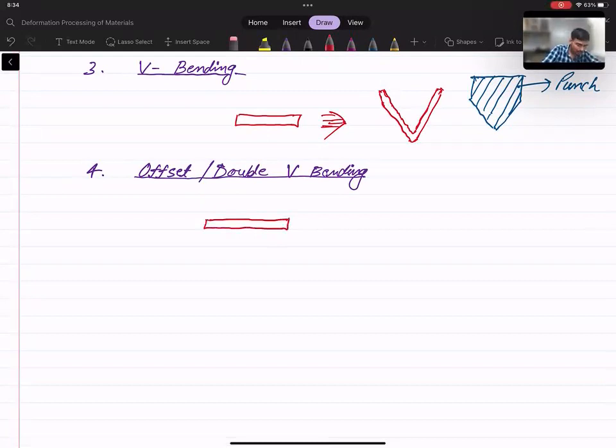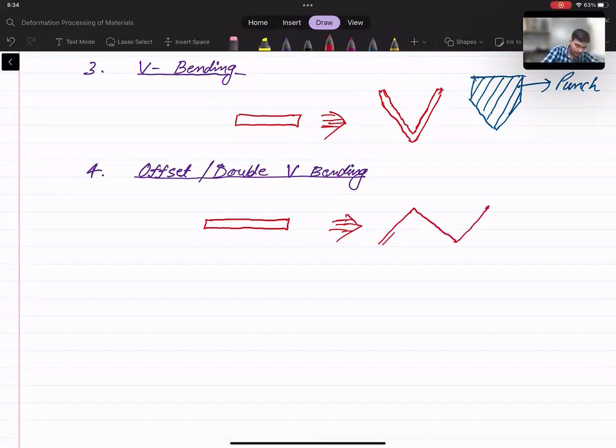So suppose this is the initial one or blank, and this is transformed into a shape like this. So here we have formation of two V's like this.